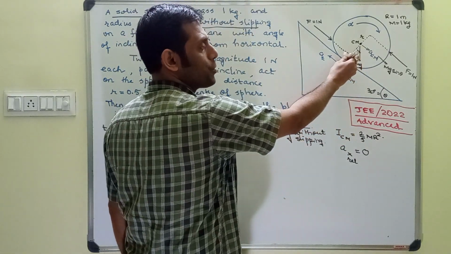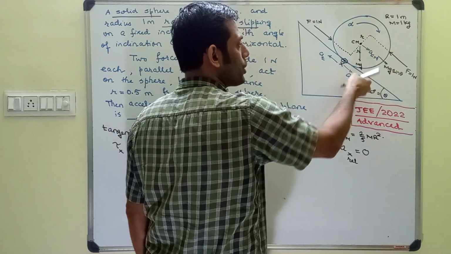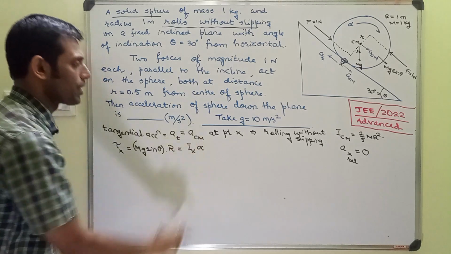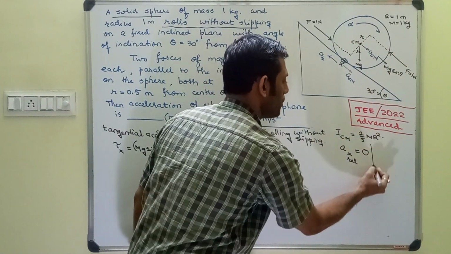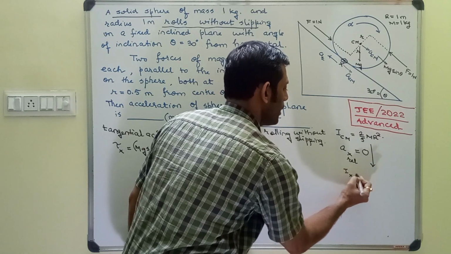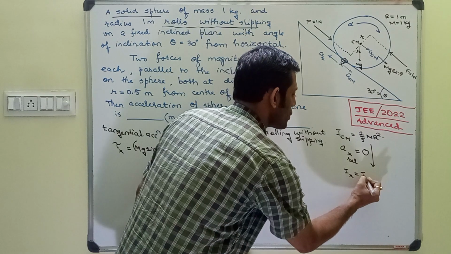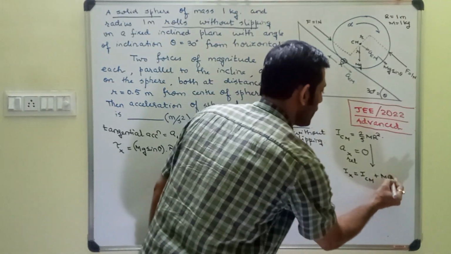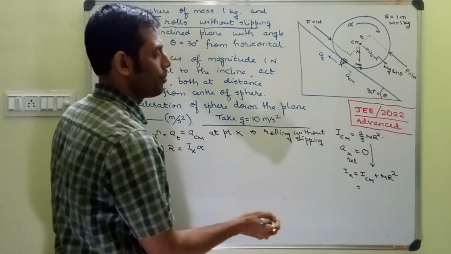If you consider this point as the point of contact, then this force will produce a torque about this contact point, and therefore this should be I of x. But we have I of cm, 2/5 mR squared. Now from this, applying the parallel axis theorem, I of x is equal to I of cm plus mR squared, and therefore this is equal to, let's say, how much?